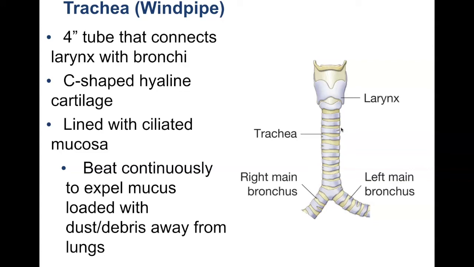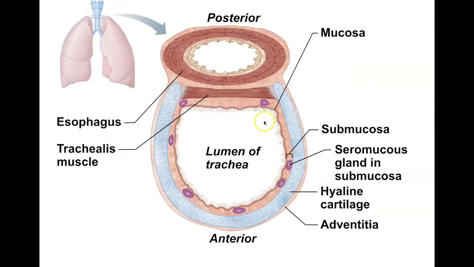And it's also going to be helping because these ciliated cells are what are known as mucosa. In other words, they're going to be making a mucus layer that's going to, again, keep our trachea nice and moist for the air that's going into the lungs, which you can see here. So again, these are all the ciliated cells.